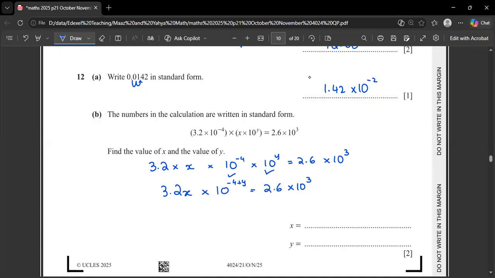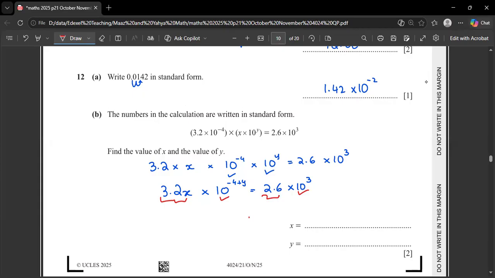So are we having two numbers? Can we compare them? Let me change it. Do we have this number and this number? These two numbers are the same.